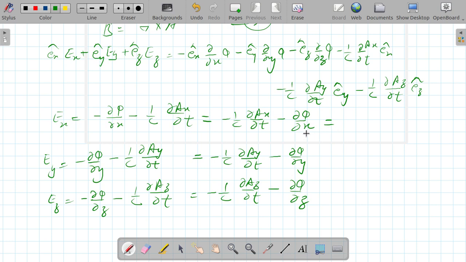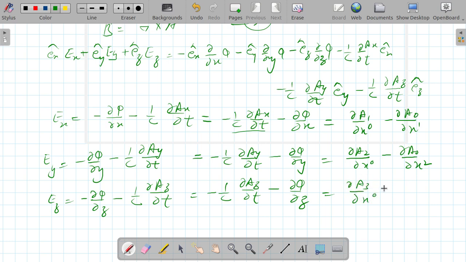And in terms of 4-vectors in the contravariant form, this will be written as ∂A1/∂x0, because this is x0, minus ∂A0/∂x1, and here it is ∂A2/∂x0 minus ∂A0/∂x2, and here it can be written as ∂A3/∂x0 minus ∂A0/∂x3.